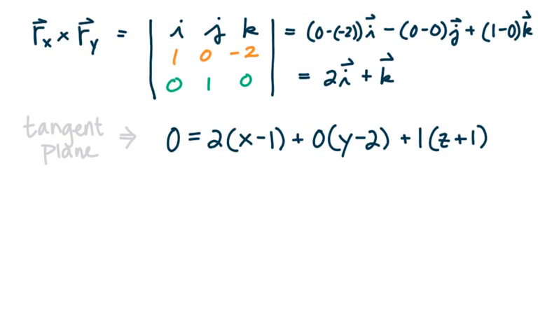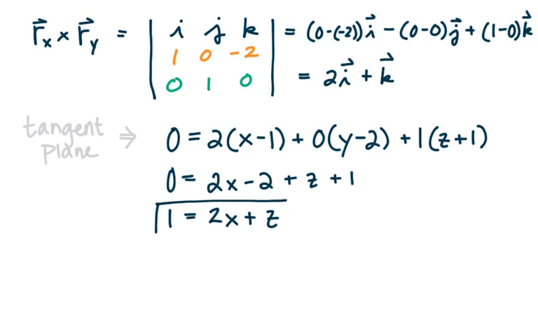Simplifying this, we're going to get 0 equals 2x minus 2 plus z plus 1, or rather 1 equals 2x plus z. So this is the equation of the plane, which is tangent to our surface, which is parametrized by r at that given point, 1, 2, -1.